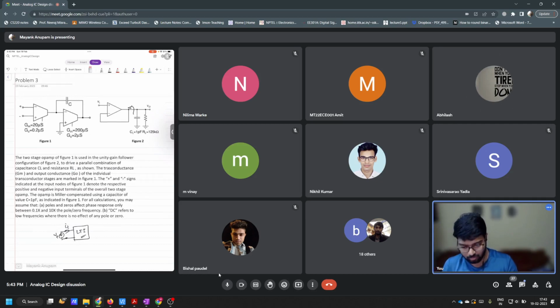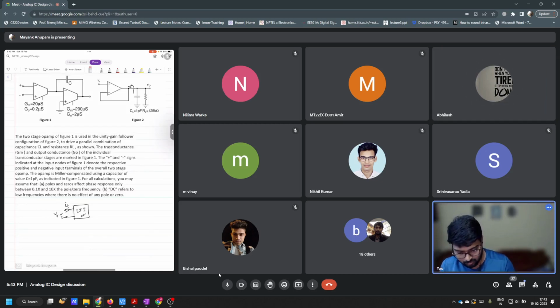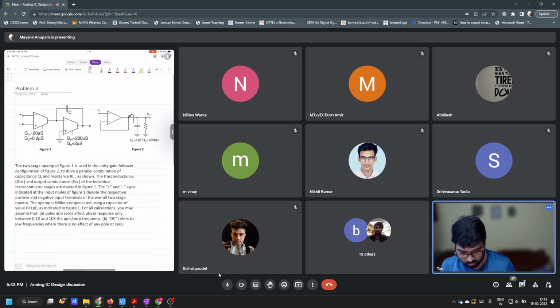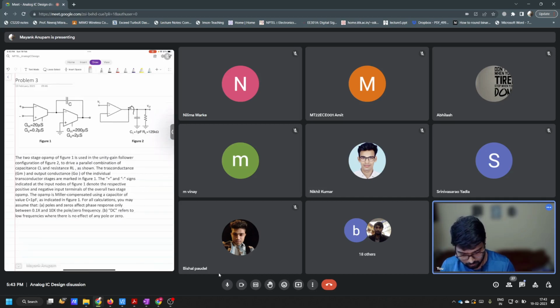Fine. So I don't think we have enough time. So let's quickly do some simple questions here. First of all, in this figure, which terminal should be connected to the output to make sure that the whole loop is in negative feedback?